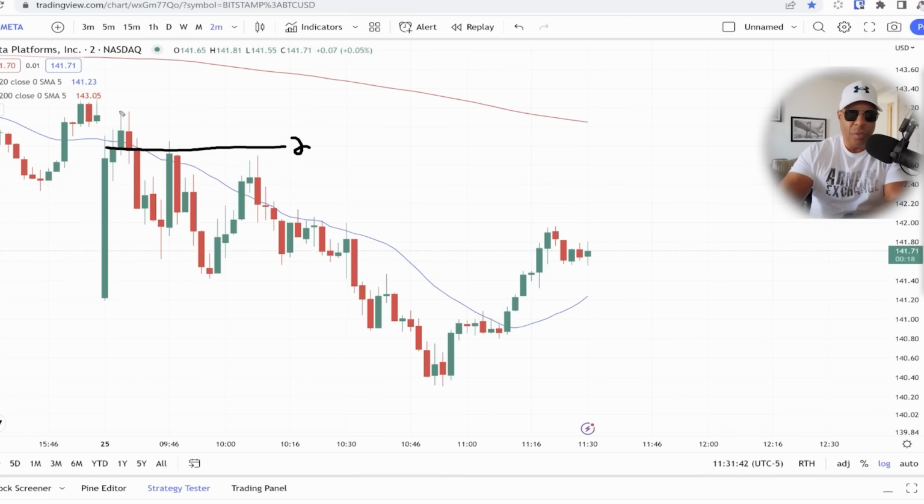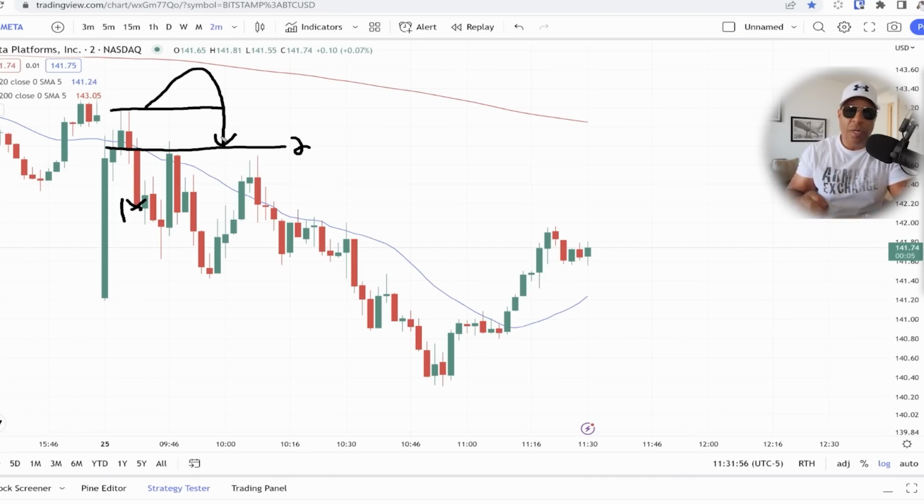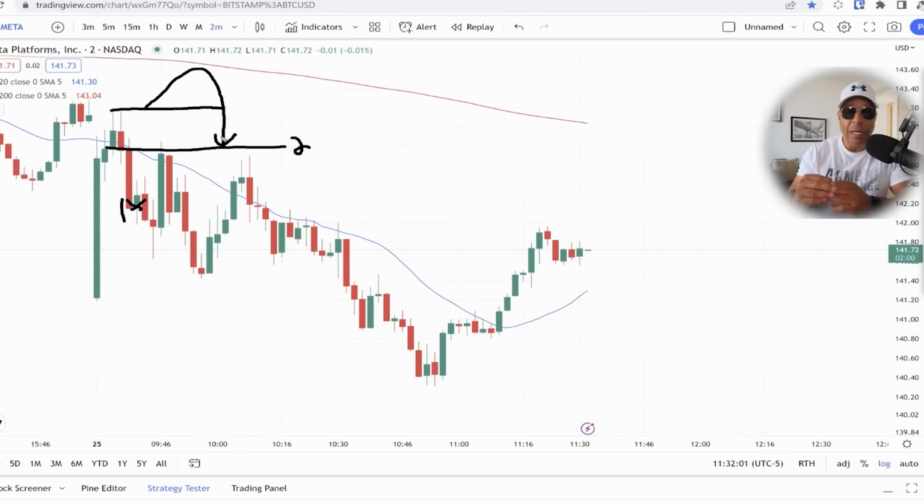So we go in with 2, we're stopped above the high, we take profits on 1, boom, we move this stop to break even. So now we've taken money out of the market. There's no way to lose. We can't lose what we have in our pocket. We can lose what's digitally on the screen still, but we can't lose what we've actually pulled out of the market. That's the point I'm making here.